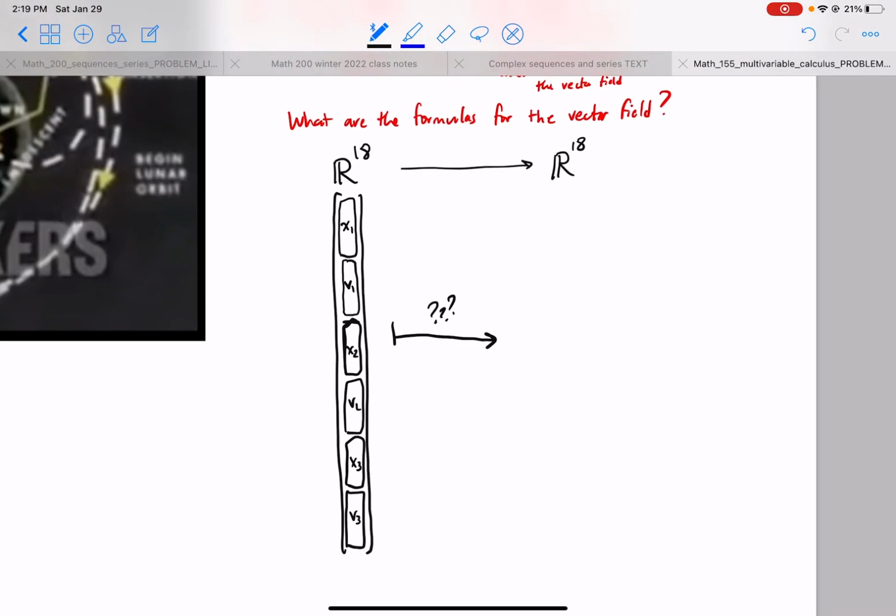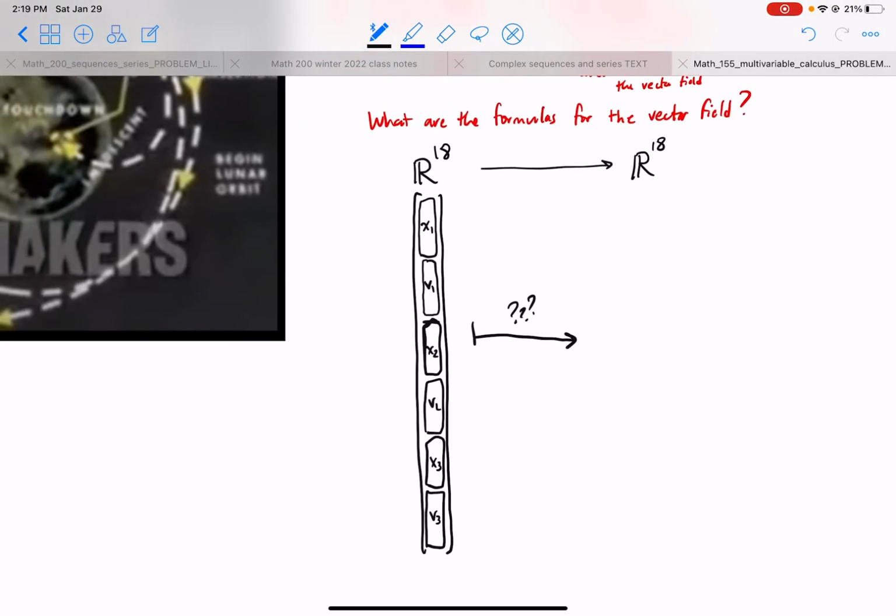Now, where does it go? What is the formula for this vector field? Well, I'll tell you that half of it is easy. The position will be updated by exactly the velocity. So v1 goes there, and then v2 goes there, and v3 goes there.